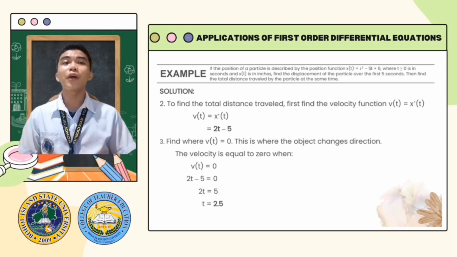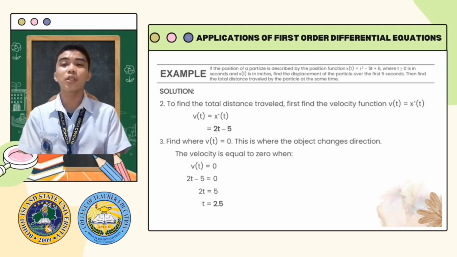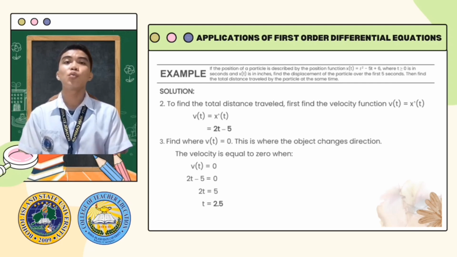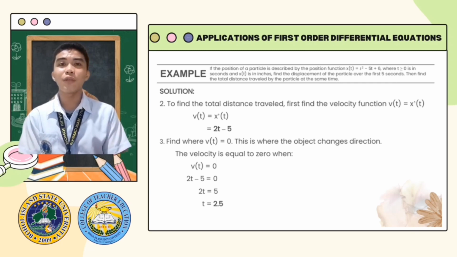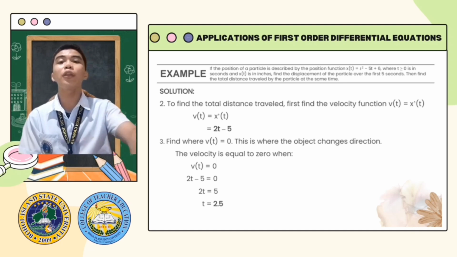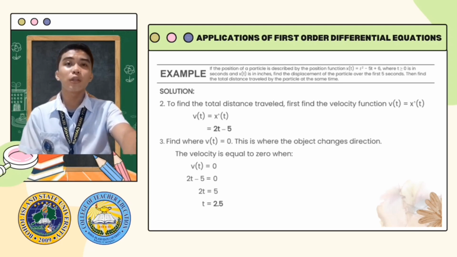First, find the velocity function, which is denoted by v of t is equal to x prime of t. So here we get v of t is equal to the derivative of x of t, where x of t is equal to t squared minus 5t plus 6.